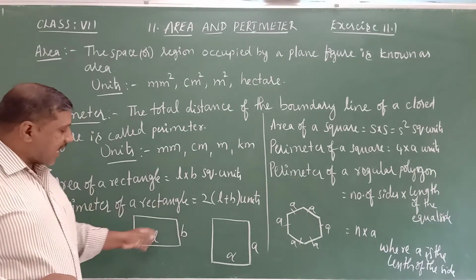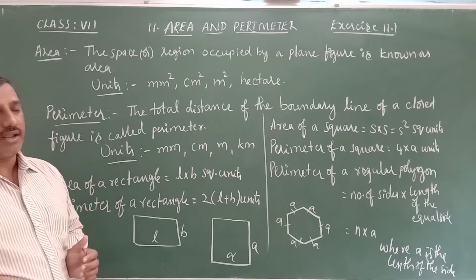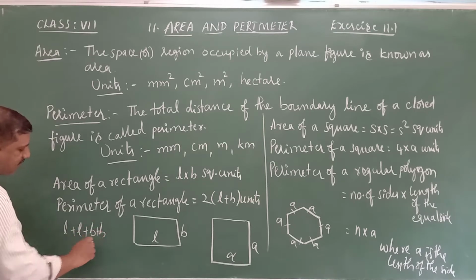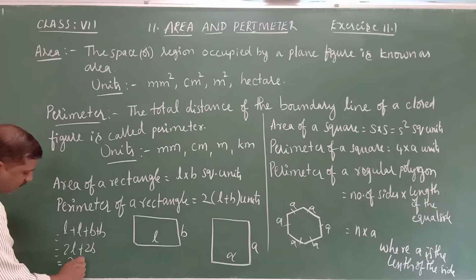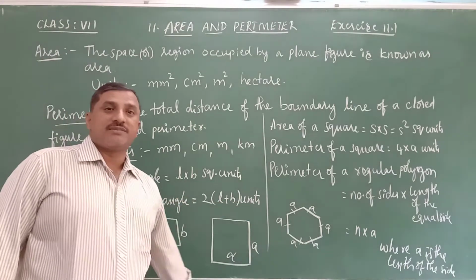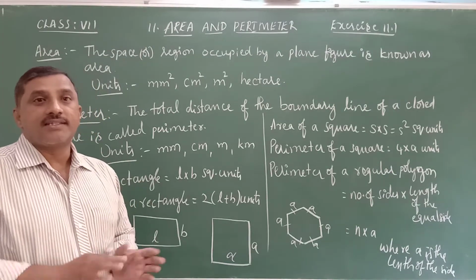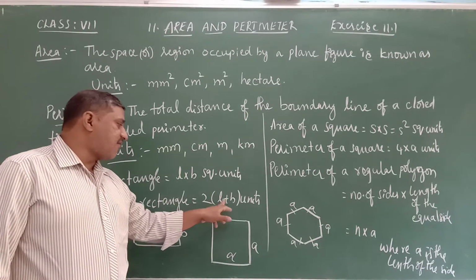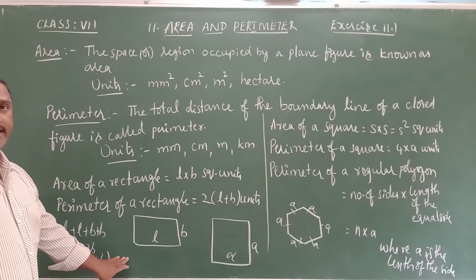So the sum of the four sides means L plus B plus L plus B, that is 2L plus 2B, which is equal to, by taking 2 common, 2 into L plus B. 2 into whole L plus B is the perimeter of a rectangle, that is 2 times the sum of its length and breadth.